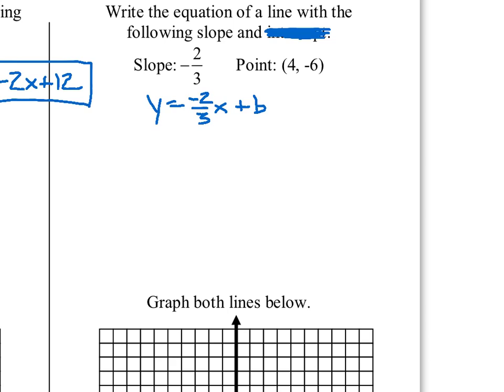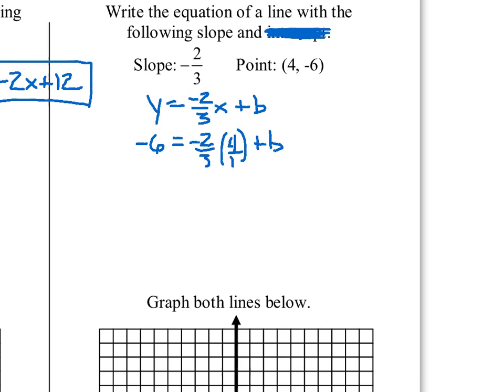And I've got my point I can plug in: negative 6 goes to negative 2/3 times my x, which is 4, plus b.